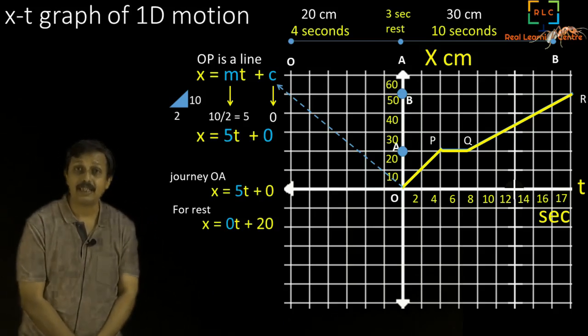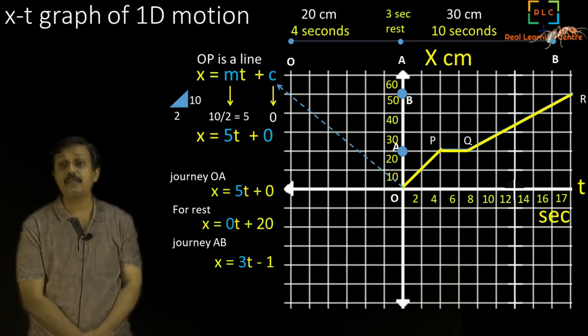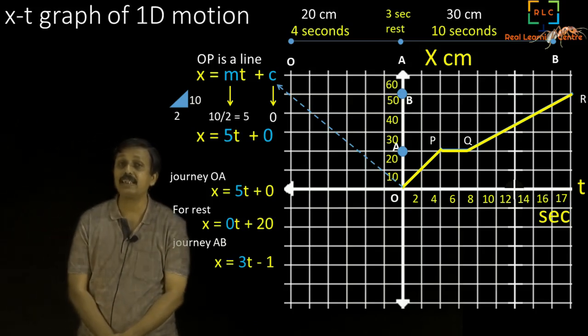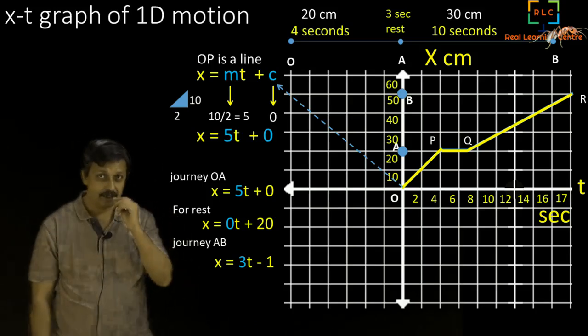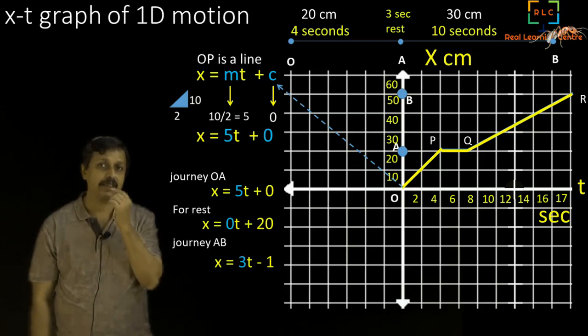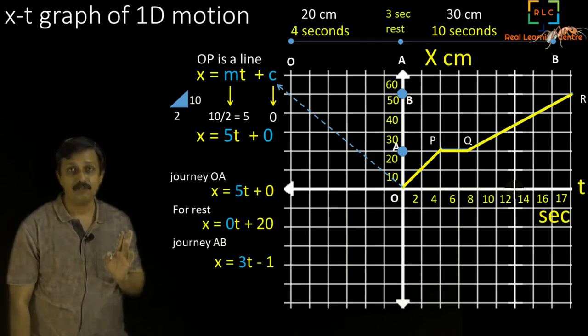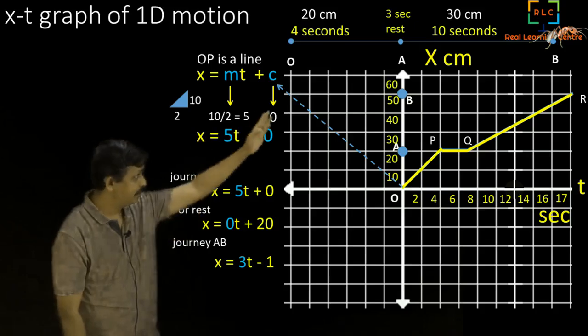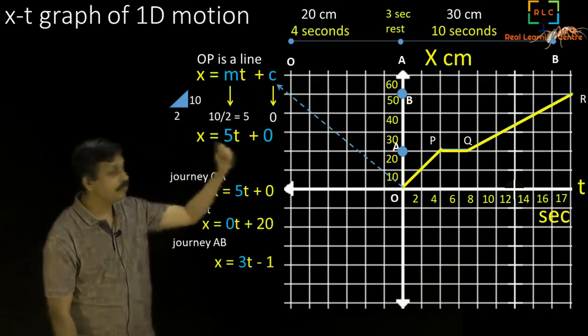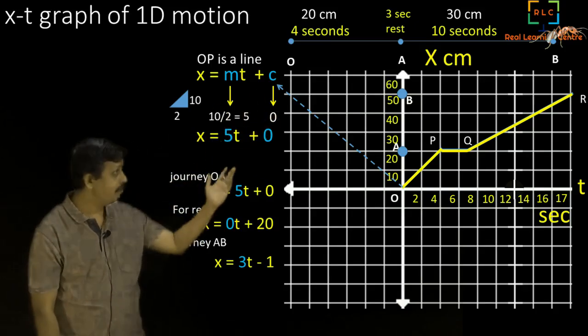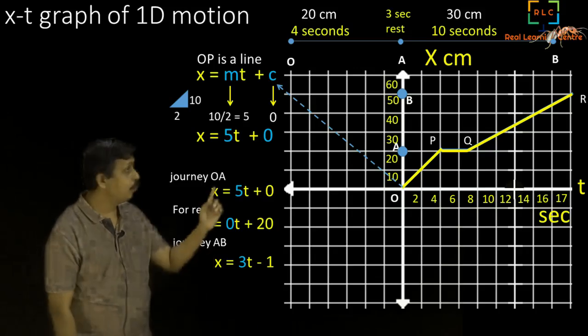Similarly, the third part is x is equal to 3t minus 1. How we got 3t minus 1, I want you to figure that out. I am not going to tell you. This is for the journey from A to B, which is given by the line QR.